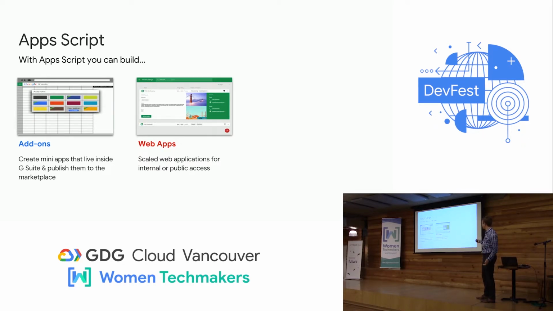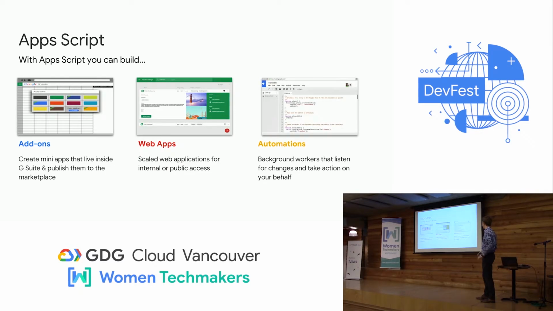You can create standalone web applications. They can be internal for your business, or they can be public to the world. And then you can also just build automations. These can be background workers. They can run on time triggers. For example, every hour, check the Google stock and send me an email with the price. Something like that.